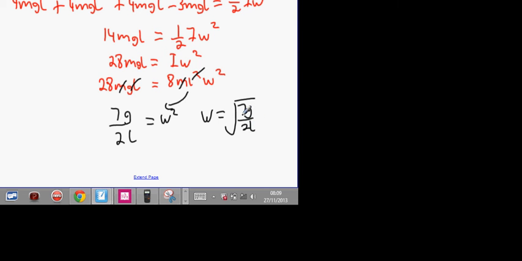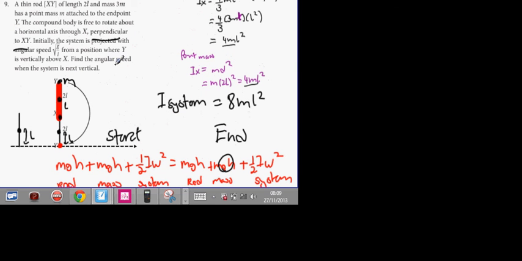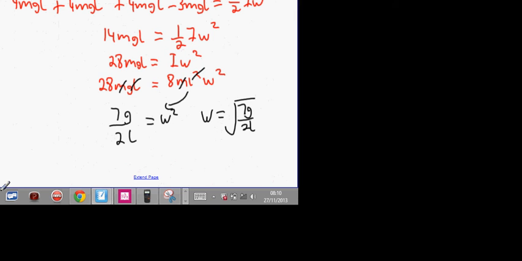Does this question ask for the speed, or does it ask specifically for the angular velocity? Angular velocity. It doesn't actually ask for the actual speed, it asks for the angular speed. Okay, so that's it done there.